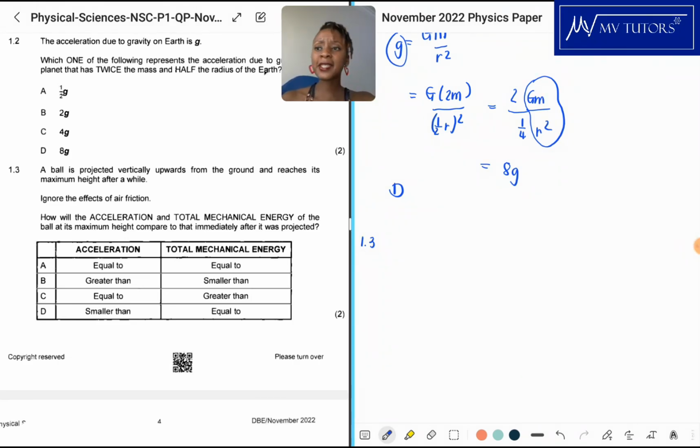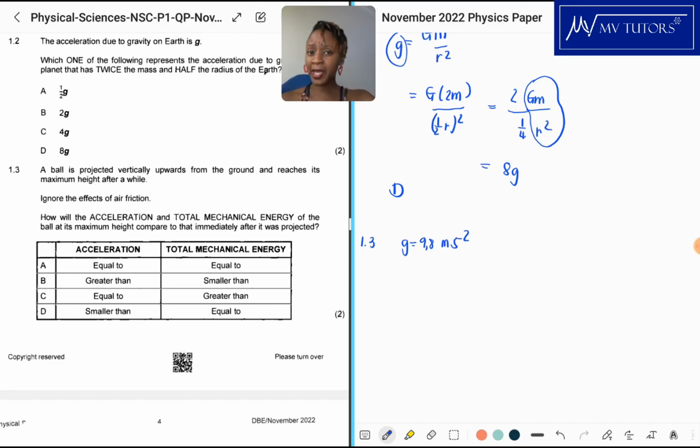Now remember that acceleration always remains constant, especially with vertical projectile motion, because an object is in free fall and the only thing acting on it would be the gravitational force. So acceleration remains constant, which is g, which is 9.8 meters per second squared.